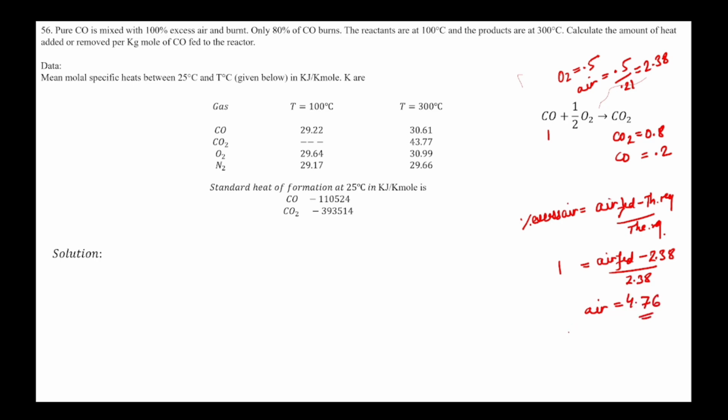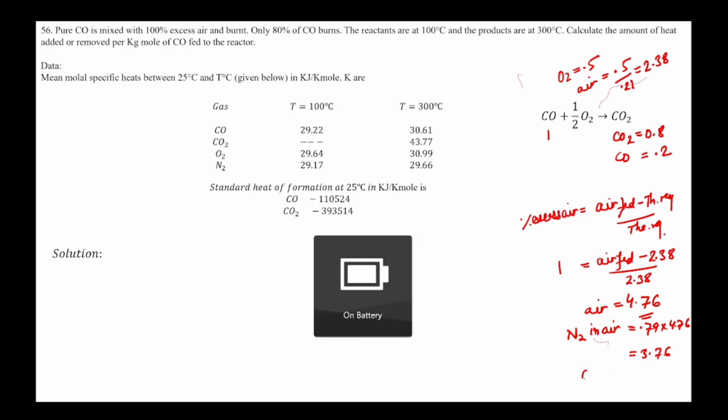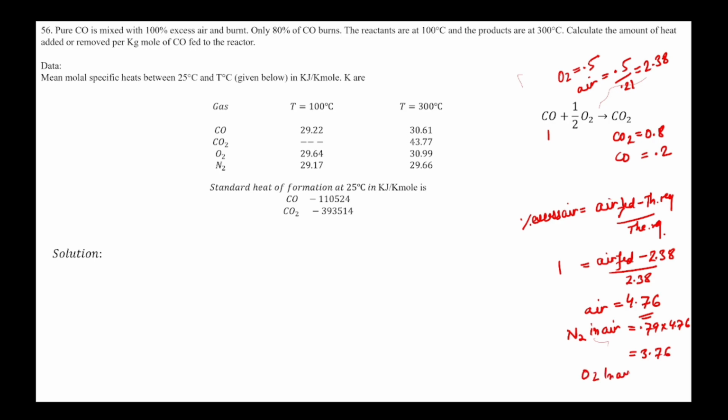Now N2 in air is 0.79 into 4.76, which is 3.76. O2 in air is 4.76 minus 3.76, which is 1, or you can find 0.21 into 4.76, it will give 1.